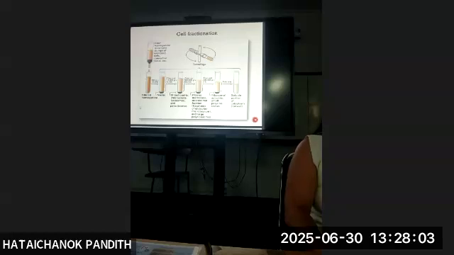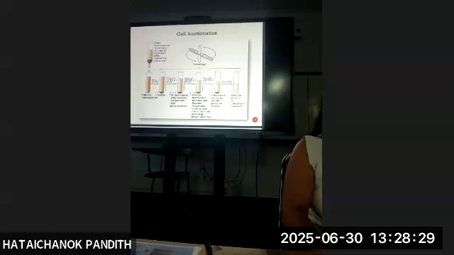Here, when you use only 600 G, very small, right, for 10 minutes, you can separate the homogenate and nuclei from each other. Then when you increase the centrifugal power, it can separate mitochondria, chloroplast, lysosome, and peroxisome. If you increase more, it will separate the plasma membrane for you.